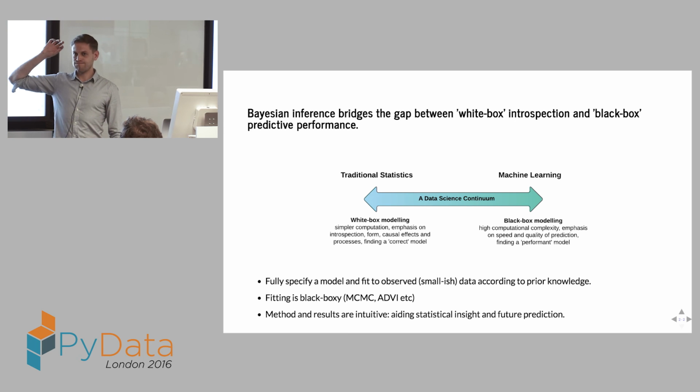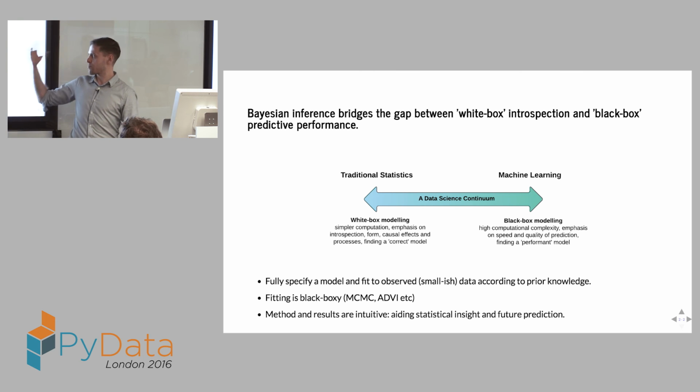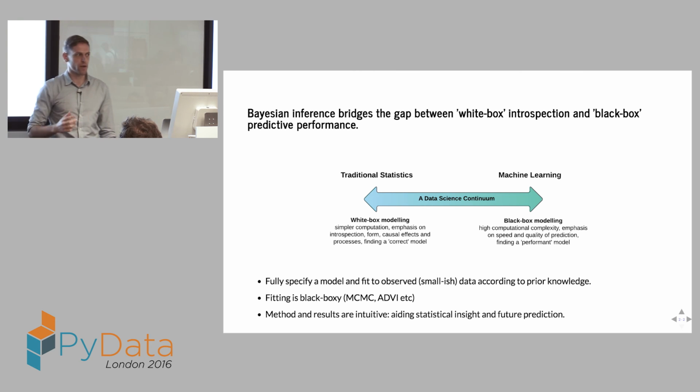Traditional stats, white box modeling, looking at stuff that you could do in Excel or on paper towards one end. Black box modeling, where highly complex computation at the other end. And you don't really care so much about what's actually going on inside the model. You just care about the test results.